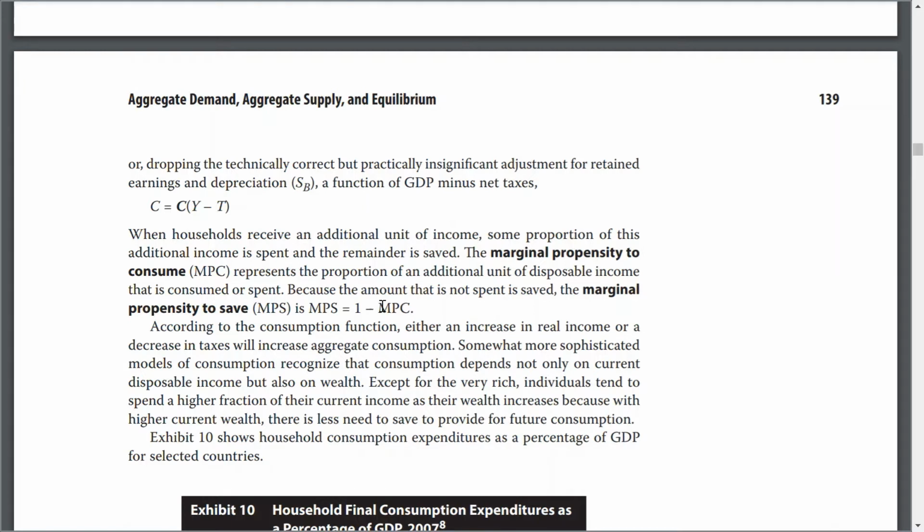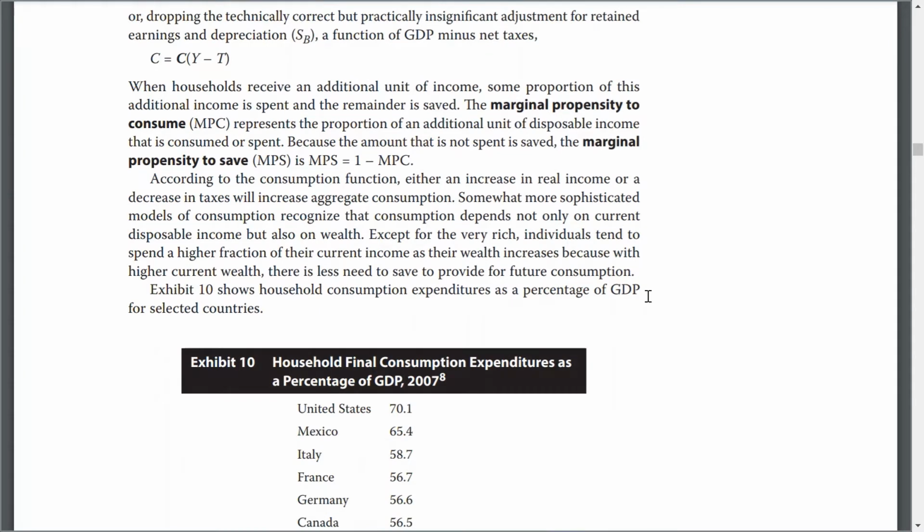The marginal propensity to consume, or the MPC, represents the proportion of an additional unit of disposable income that is consumed or spent. Because the amount that is not spent is saved, the marginal propensity to save, or the MPS, is equal to 1 minus the marginal propensity to consume. These are in percentages. According to the consumption function, either an increase in real income or a decrease in taxes will increase aggregate consumption.